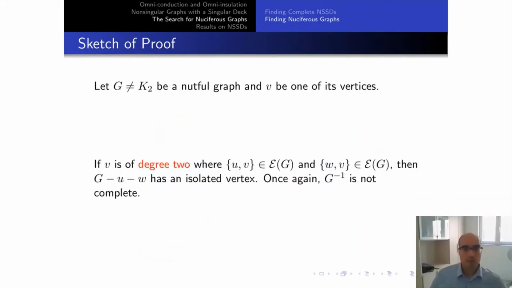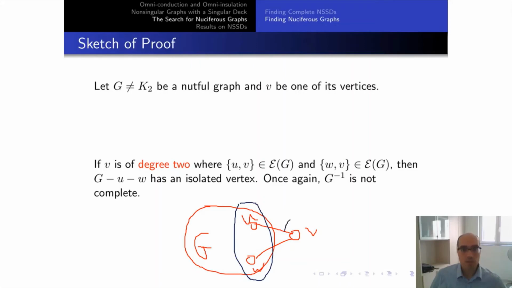Now suppose V is of degree 2. So once again, let's draw something. We have the graph G, and V has degree 2. So we have vertex V here that is connected to 2 other vertices. Let's call them U and W. Now, if we immediately remove U and W, once again we end up with this isolated vertex.